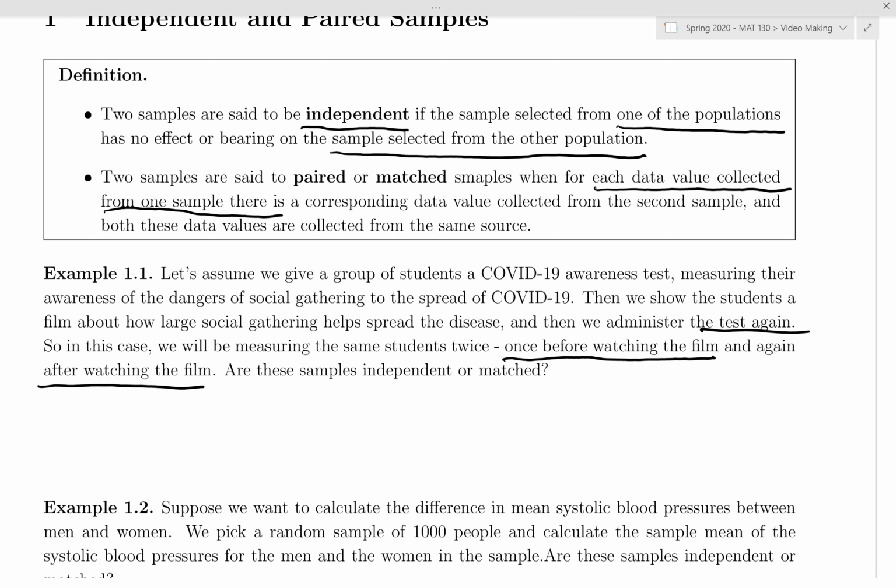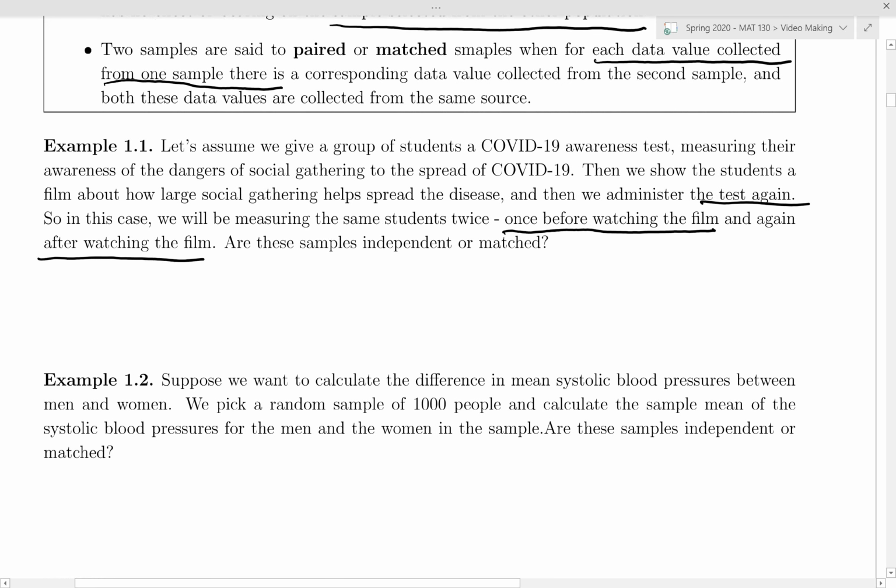They're matched, or paired, because it's the same student's score before and after. For each data value in the first sample, there's a corresponding data value in the second sample. This is a classic example of a paired sample, like a before and after test.